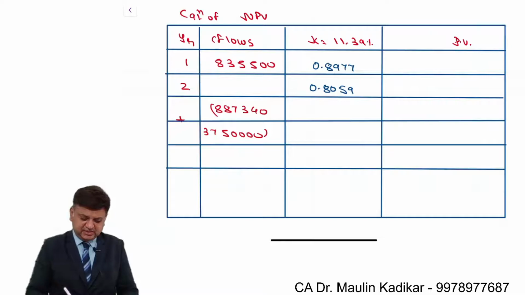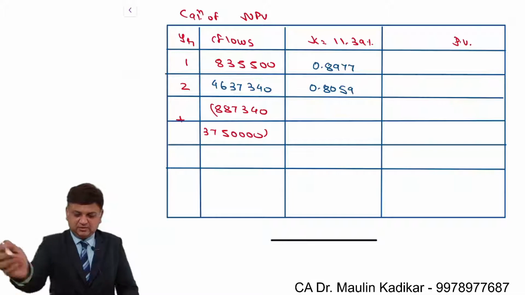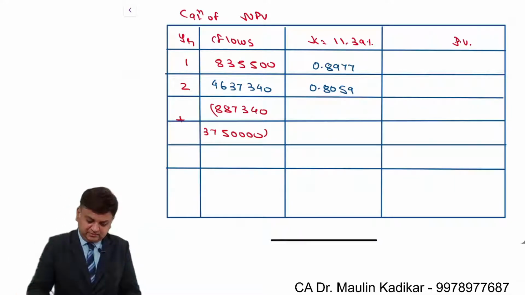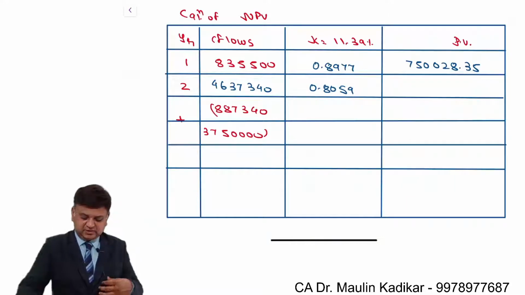So 46,37,340. 8,35,500 into 0.8977. So 7,50,028.35. 46,37,340 into 0.8059.